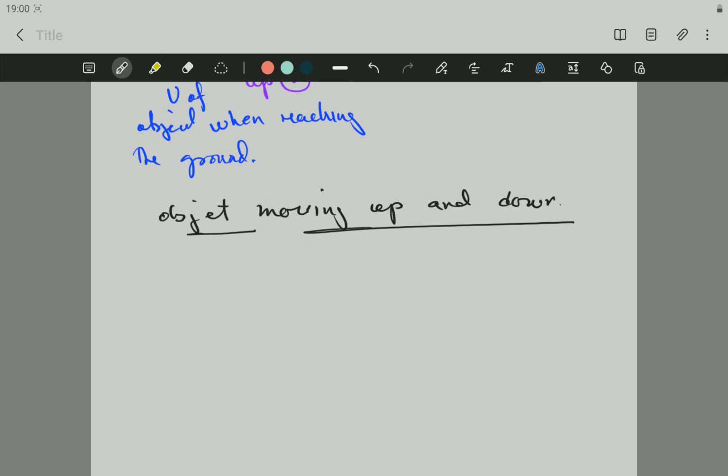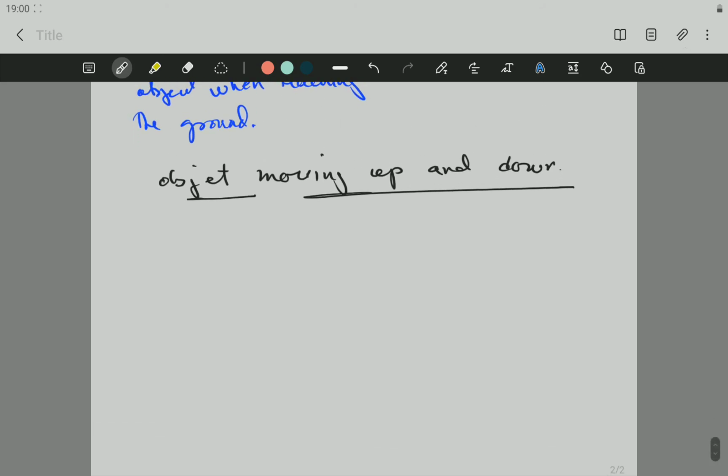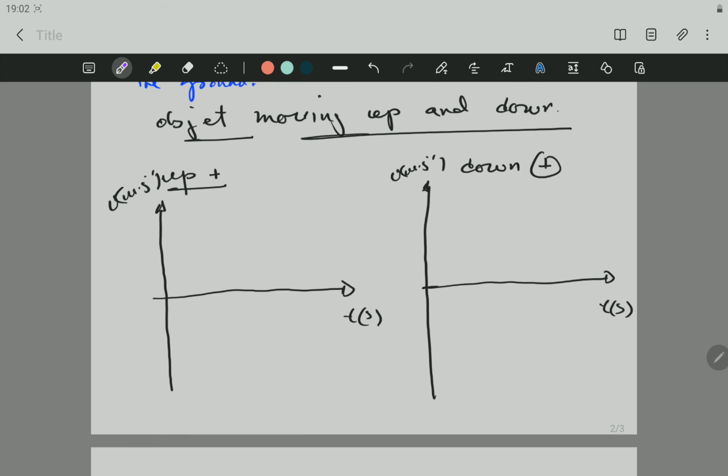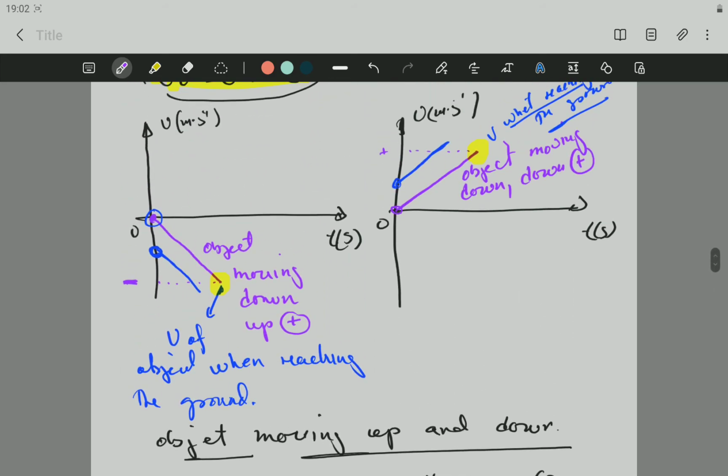So let me do the two axes. All right, here we have the two sets of coordinates. We have up positive on the left hand side and on the right hand side down positive. This object is going to be moving up and down. Somebody throws the object up, and obviously when it reaches the maximum height, the object will go down again. Okay, so let's use all we learned here.